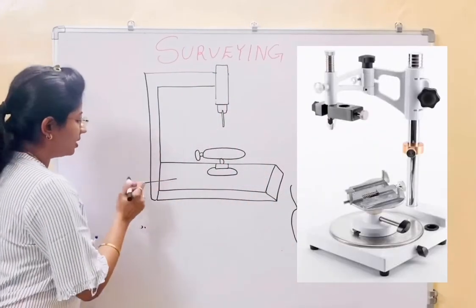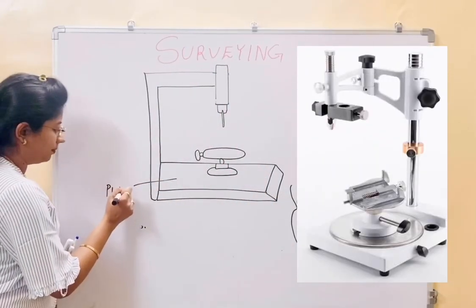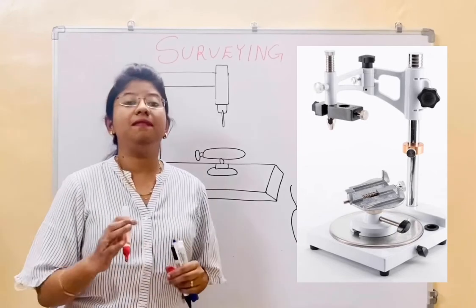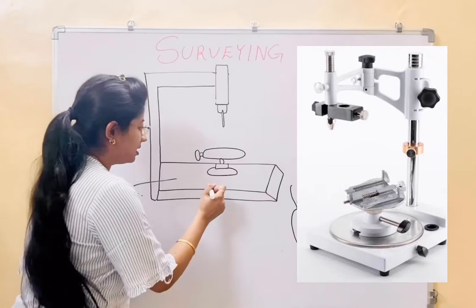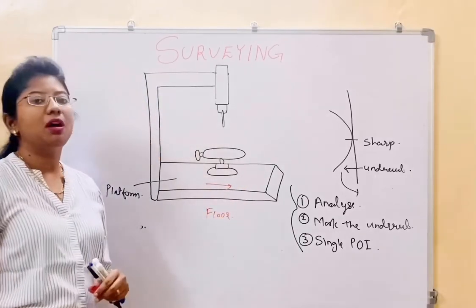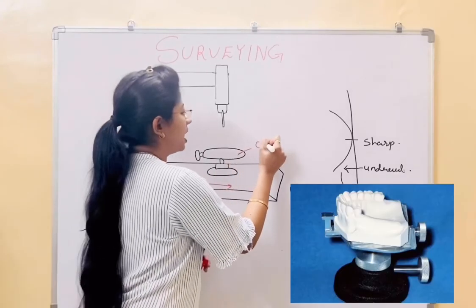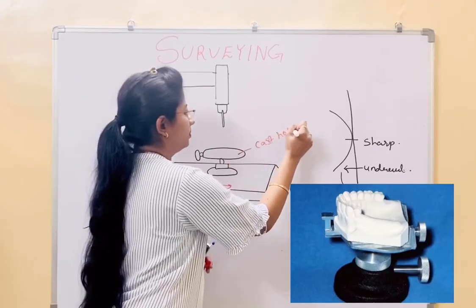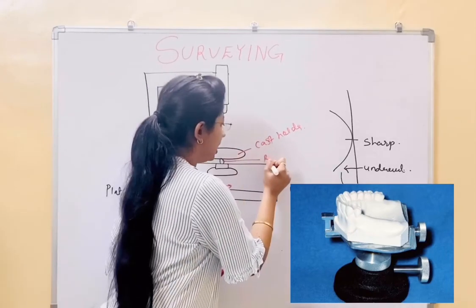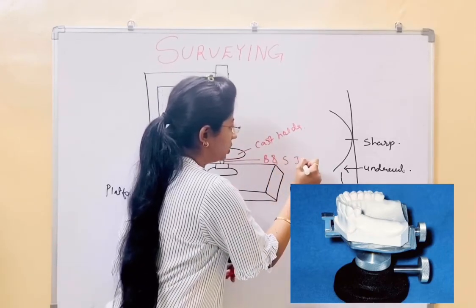So this is a platform. The platform is a flat surface. This surface must be parallel to the floor. On that platform, there is a cast holder. This cast holder has a ball and socket joint.